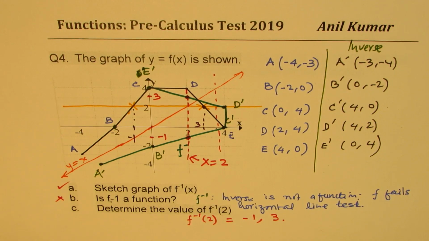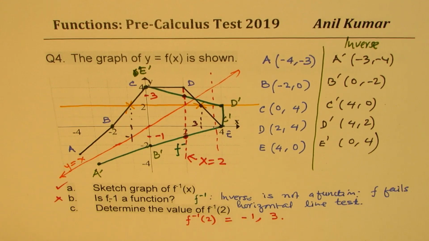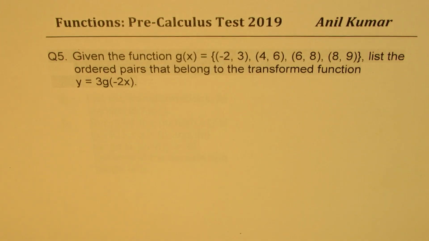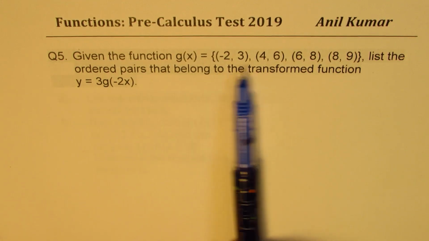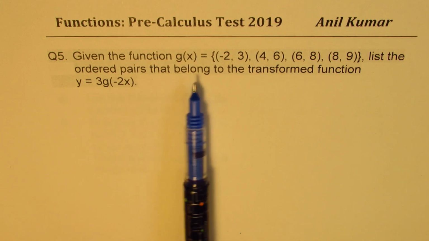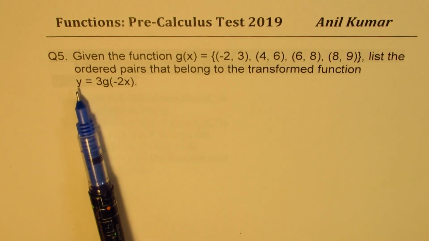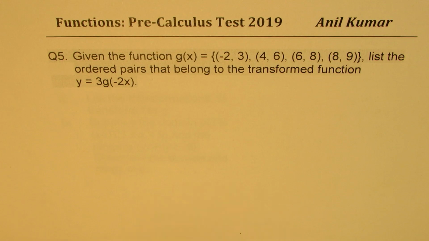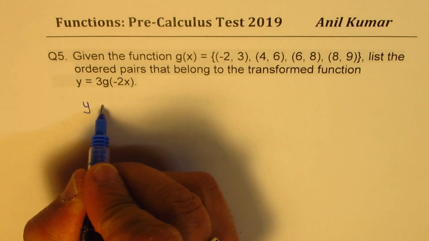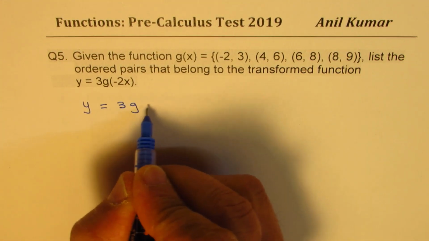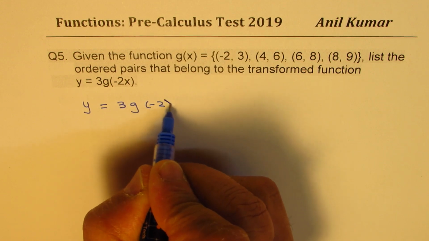Perfect. Okay, let's move on to question number 5 now. Given the function g of x, list the ordered pairs that belong to the transformed function y equals 3g of minus 2x. Now we are looking for points on y equals 3g of minus 2x.